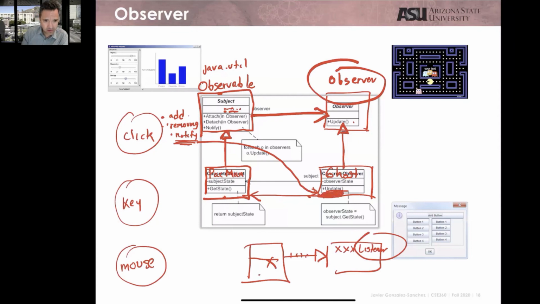Provide a method, update. Well, wait, the name of the method is not update. For the listeners, actionPerformed, action listeners, key something, mouse something. You provide those methods here, right?